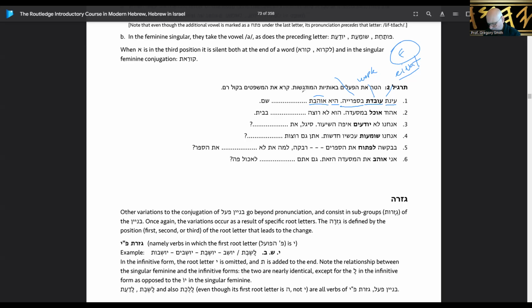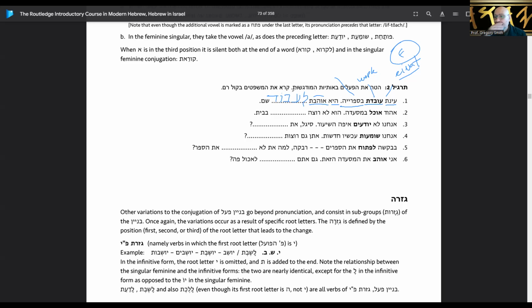La'avod. I bet you it's this one here. So we should have she ohevet la'avod sham, to work there.